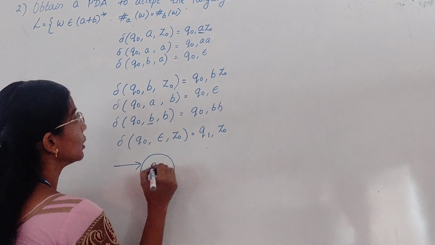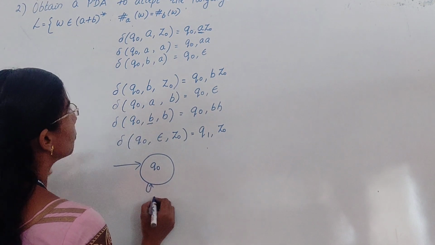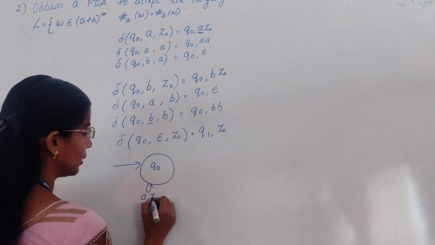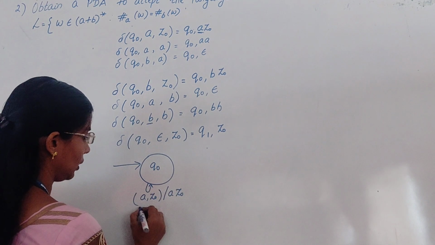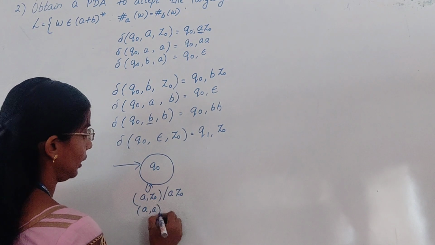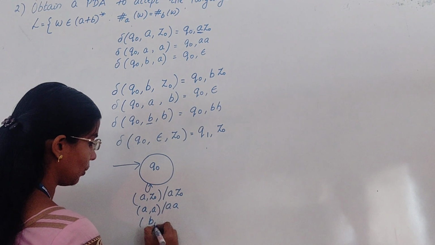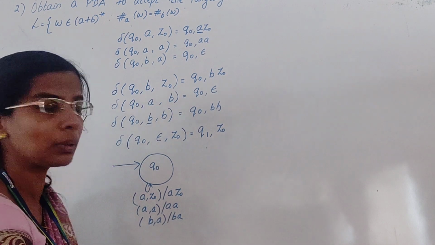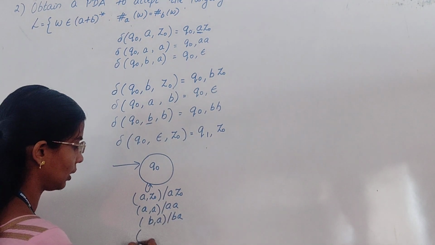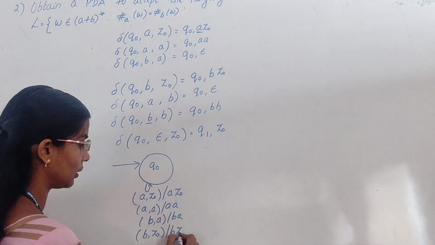Q naught. It is A, Z naught, A Z naught. Next is A comma A. Next is B comma A, BA. Is it visible? Yes. B comma Z naught, B Z naught.